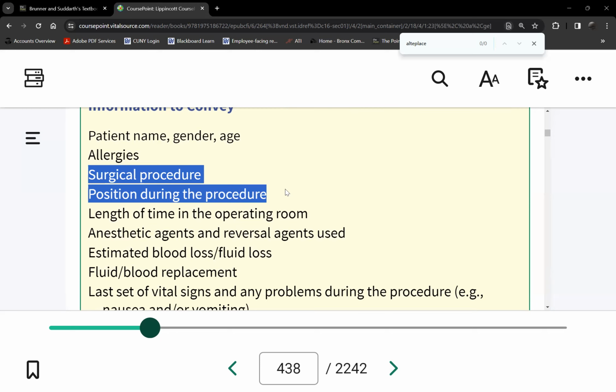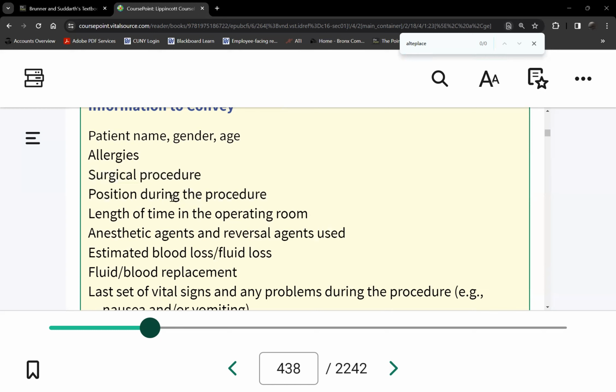Position is important because when we look at injuries sustained during surgery, for instance, if the patient received general anesthesia, do they have any control over how they're positioned? Can they say if they're having any discomfort or feel like their arm is overstretched or broken?